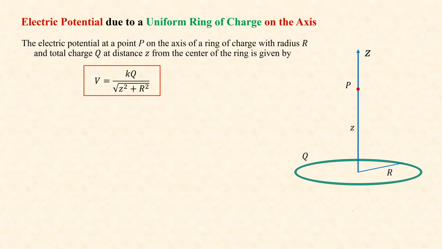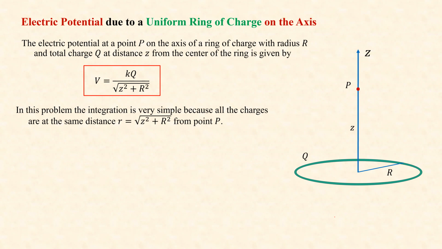It becomes kq over square root of z squared plus r squared. And as I said, they are all the same distance. Note that from this potential, we can derive the electric field.